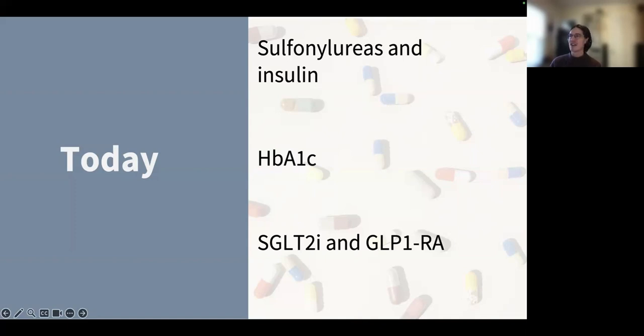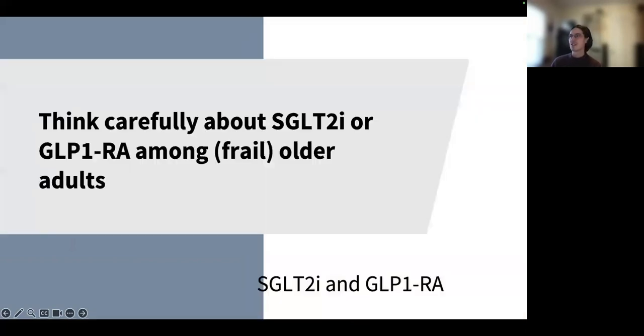I'll do my best to provide some of the considerations that we've thought about, in particular with SGLT2 inhibitors and GLP-1 receptor agonists. So I think the best thing we can say at this point is to think very carefully about use of SGLT2 inhibitors or GLP-1 receptor agonists in frail older adults.